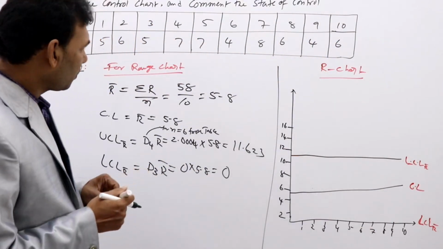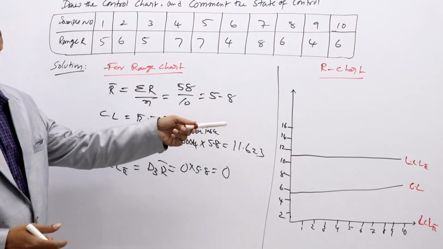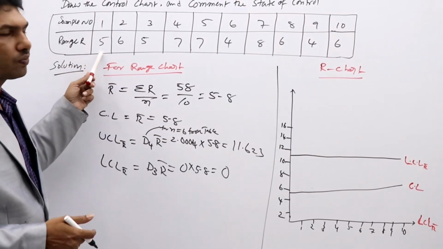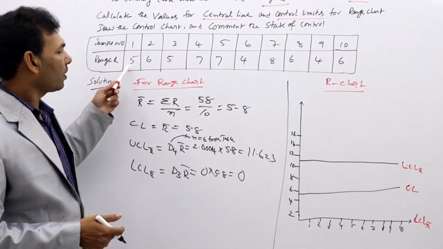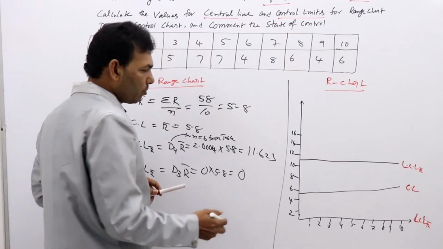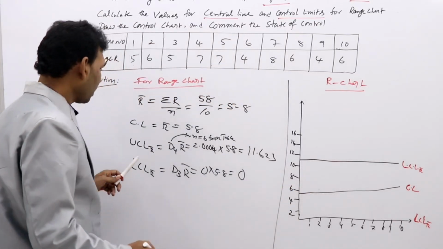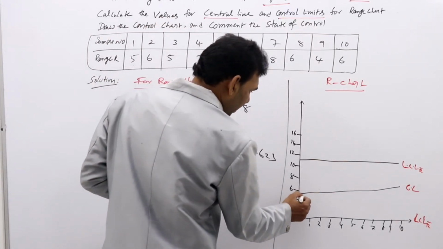Now we need to draw the range values by plotting them in the graph. For sample 1, the range value is 5. Here the control line is 5.8, so 5 you will get here.